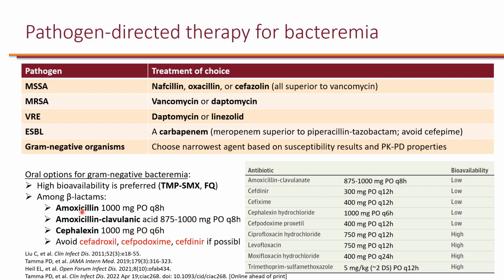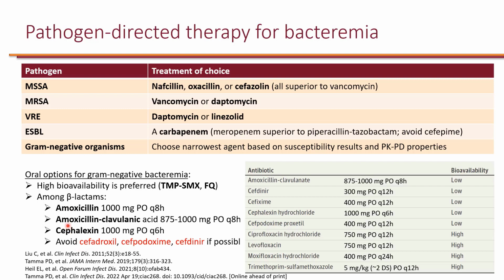Now these three are preferred if you are to use an oral beta-lactam, and there are less data for the other oral ones. So it's best to avoid the other ones due to lack of enough studies showing that you could get enough concentration with cefdinir, cefpodoxime, and cefadroxil.